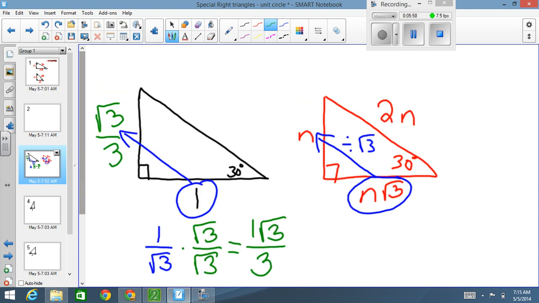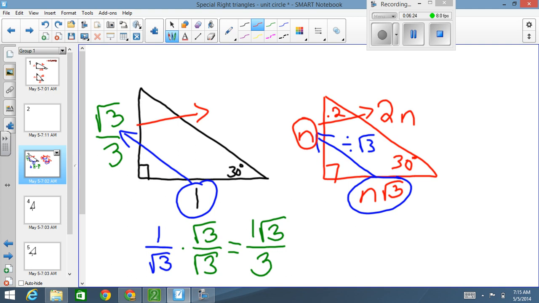Okay, so I have found my shortest side being given the middle length side. So what if I wanted to go ahead and then find this side? Well, to go from my shortest side to my longest side, all I'm doing is multiplying by 2.